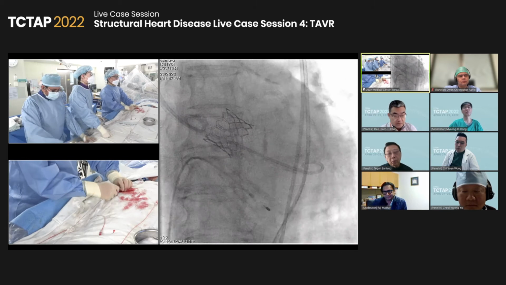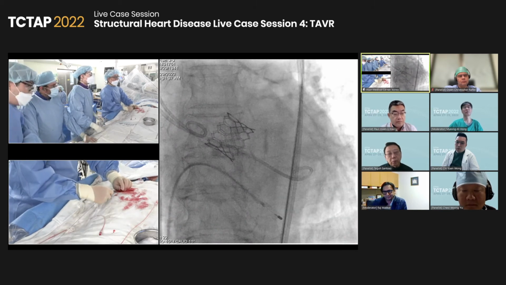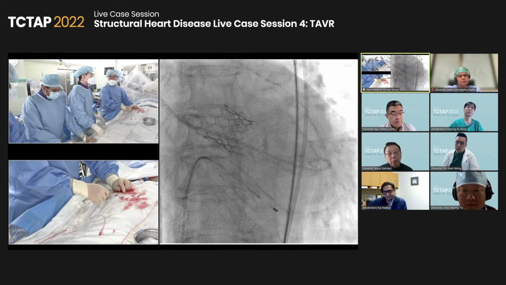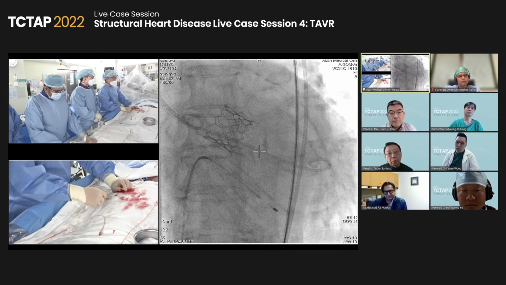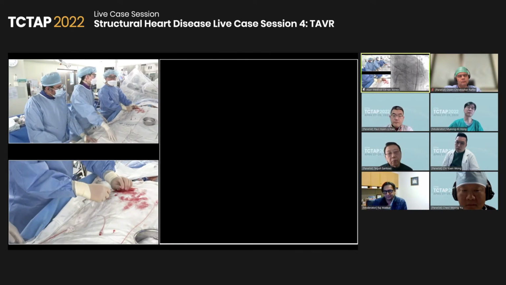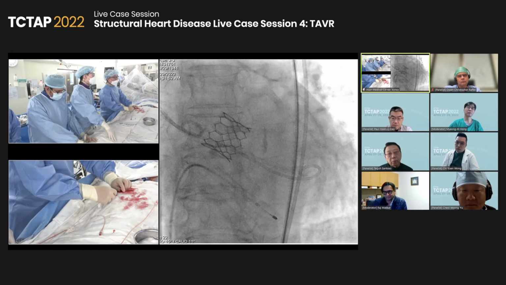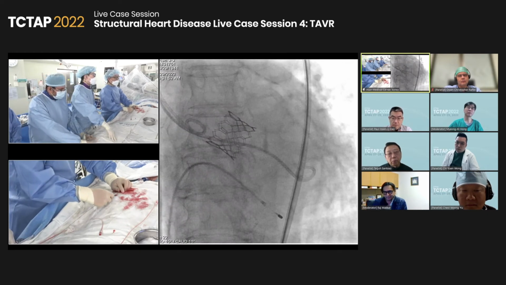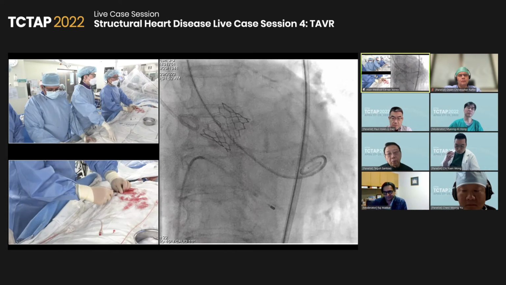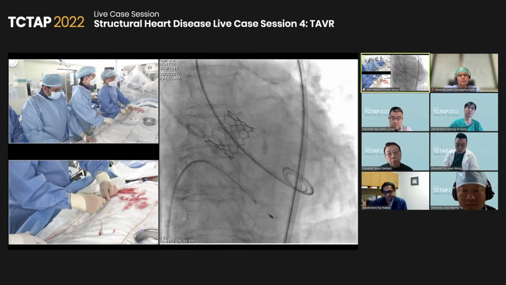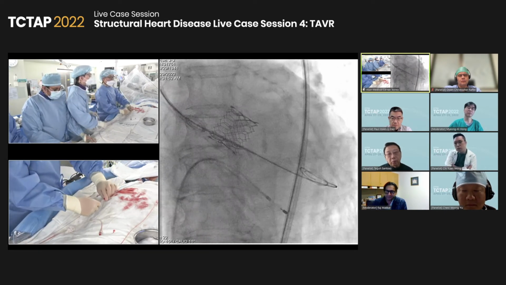So we are experiencing many cases of surgical valve failure and then TAVR implantation, usually very straightforward, and TAVR in TAVR is a much more complex case. So we're going to do the pre-dilation for full expansion.